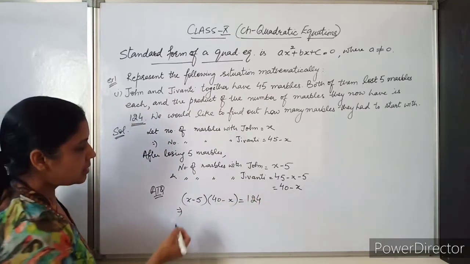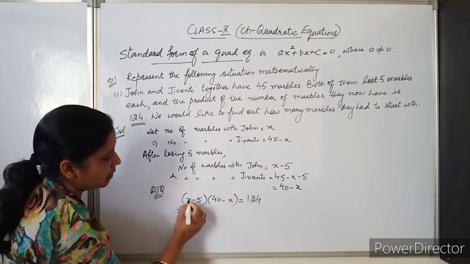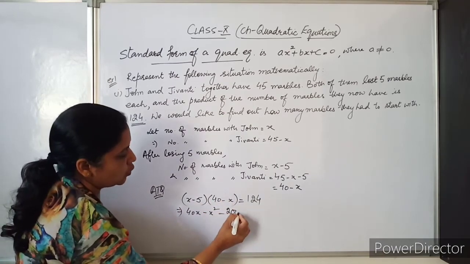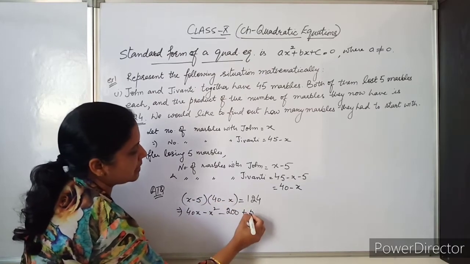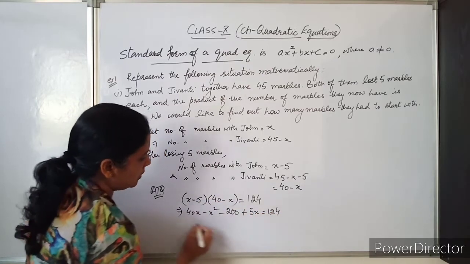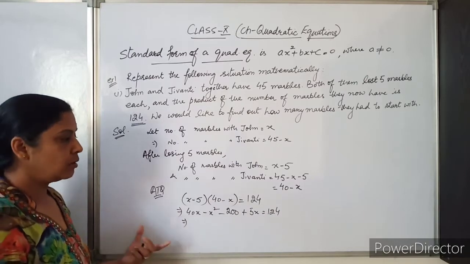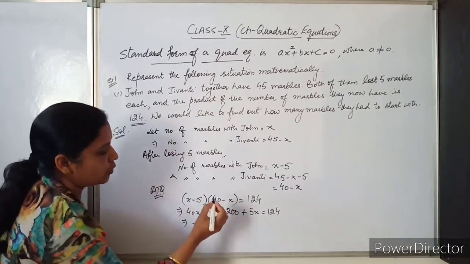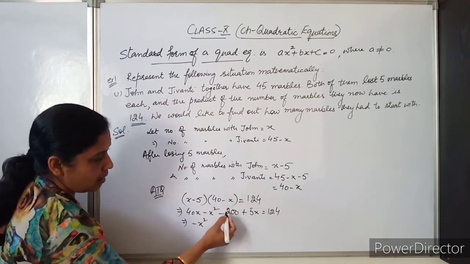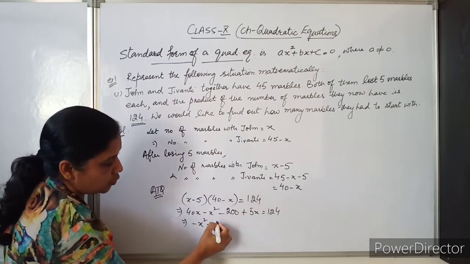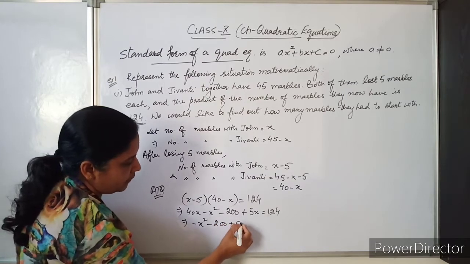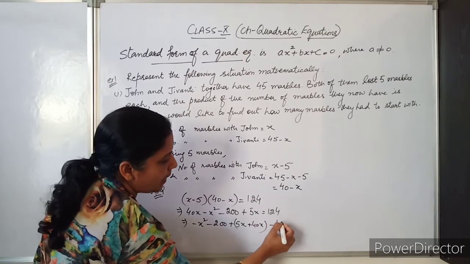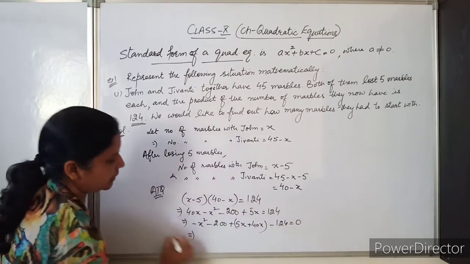So let me simplify this. 40x minus x into x, x square, minus 5 into 40, that is 200, plus 5x is equal to 124. As you all know, we always write down the equation starting with the highest variable. So I am going to start it with minus x square, minus this 200, plus 5x plus 40x together, minus 124 also on this side.